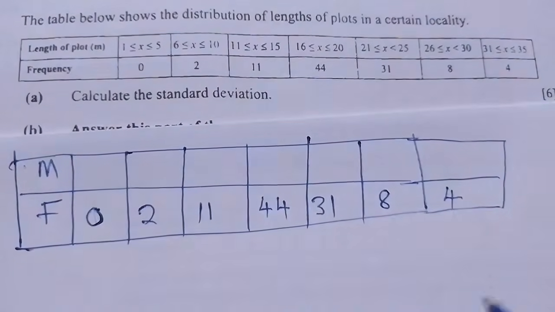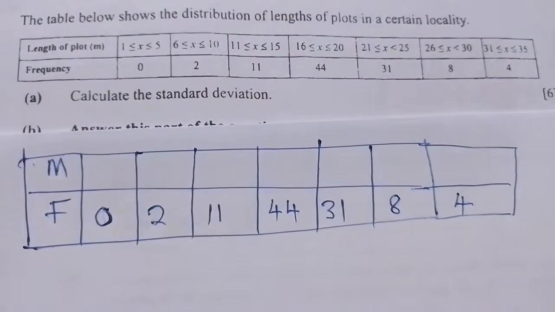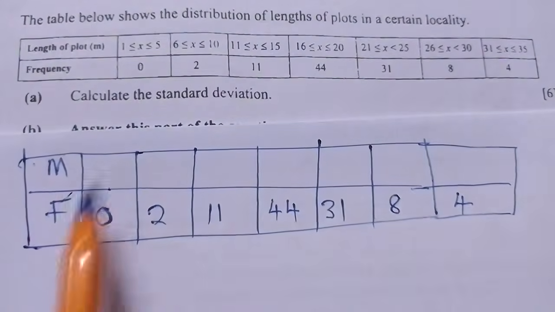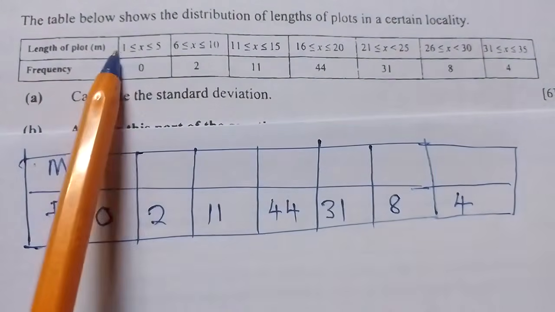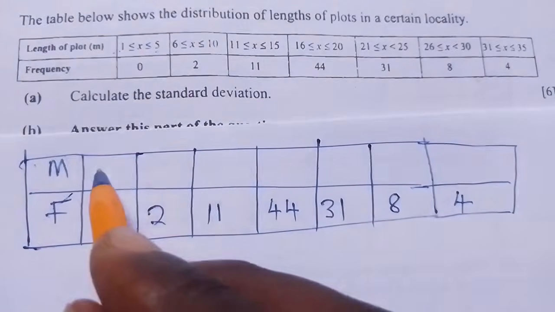This is the frequency which I'm having. Now, how do I calculate this? I will be adding this plus that, then divide by 2. So 5 plus 1, 6. Divide by 2, I get a 3.